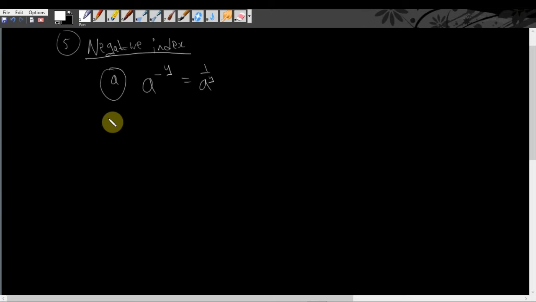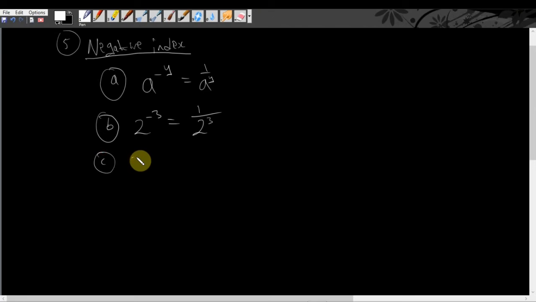Okay, let's say another example. Let's now use numbers. Let's say we have 2 to the power minus 3. This becomes, that negative becomes the reciprocal of 2 to the power 3. Let's do another one that is a fraction.